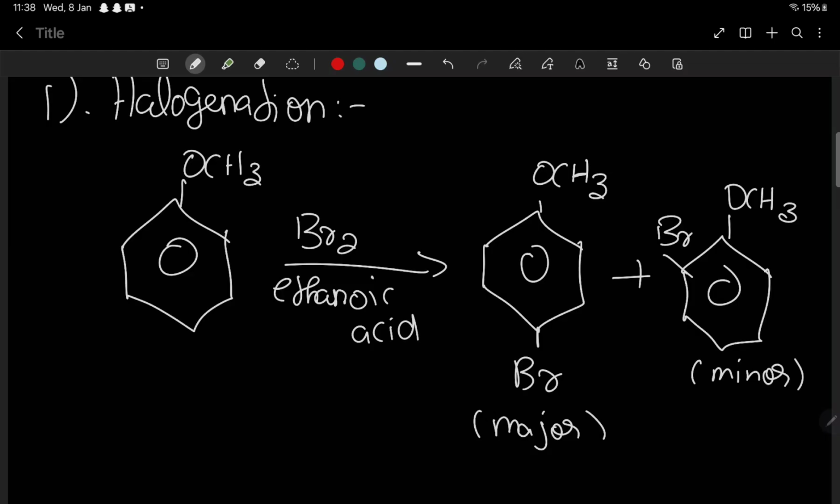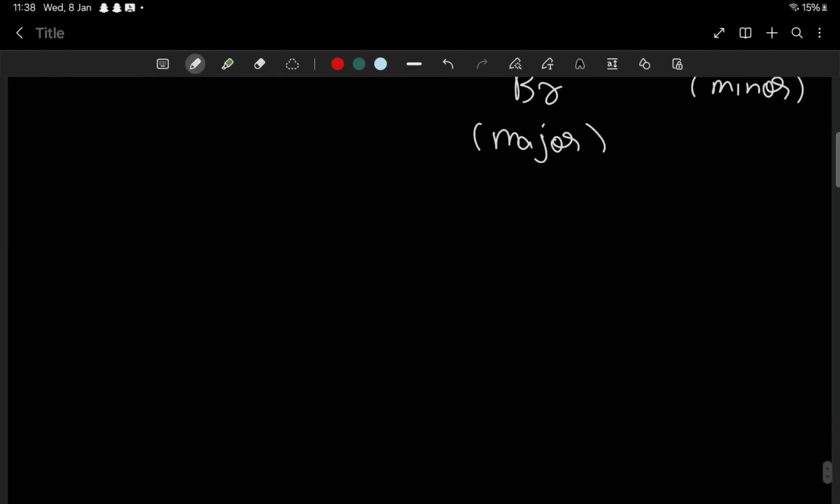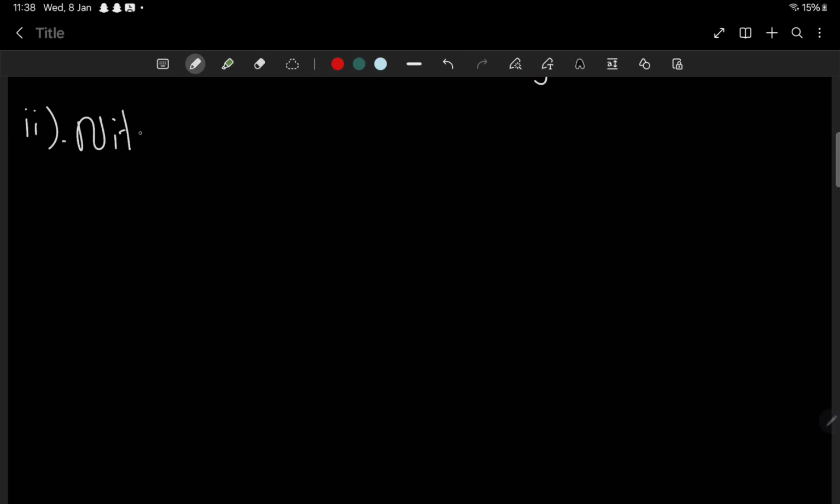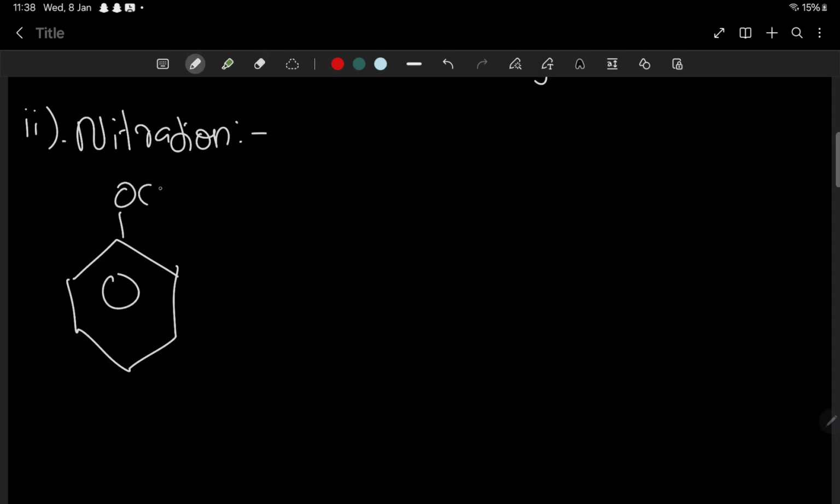Now nitration. Normal method of nitration. Just take the compound OCH3, add concentrated HNO3 and concentrated H2SO4.